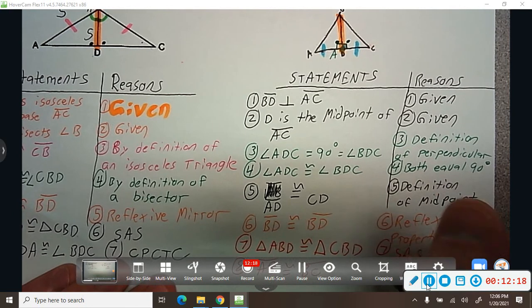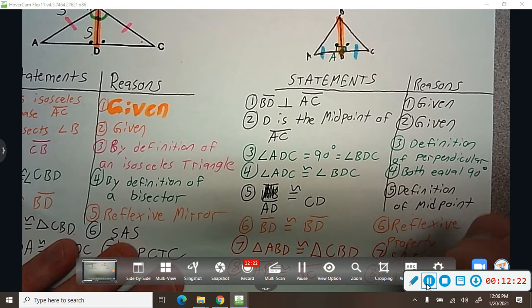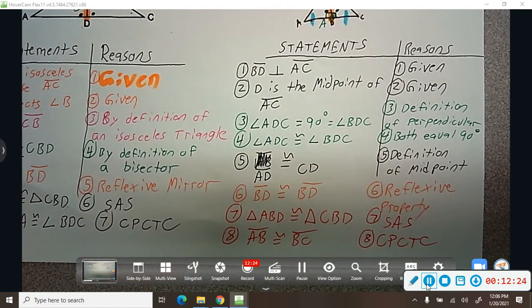And how do I know that? That'd be the CPCTC. So that is the full proof right there. I did exactly what they want to say. Like I said, usually the last line is proving the triangles are congruent. That's usually what they ask you to do.